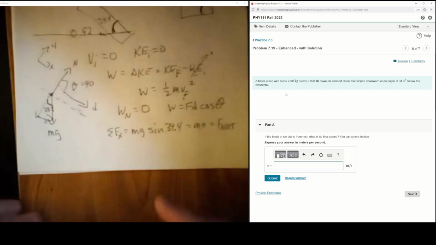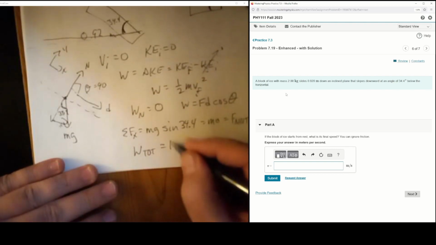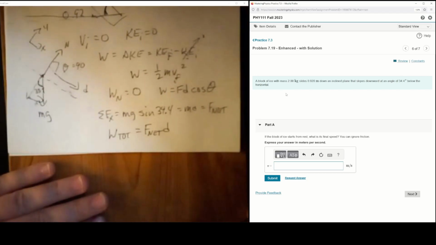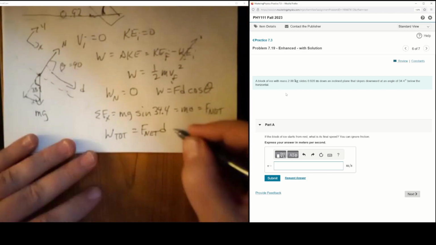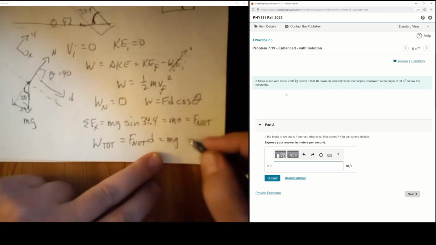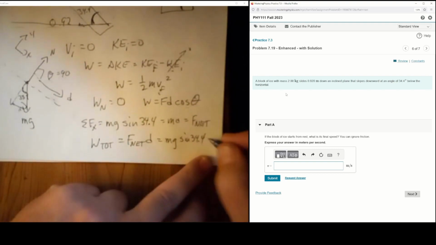And when we have the net force, we can get the total work, because the total work is equal to the net force times displacement. The net force is mg sine 34.4 times our displacement.